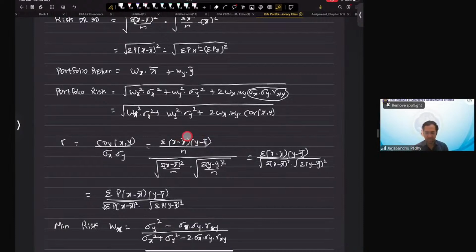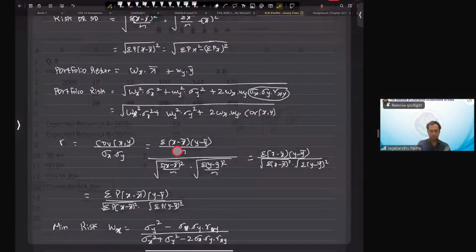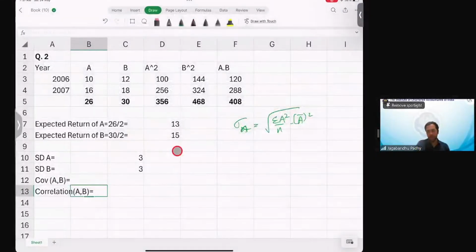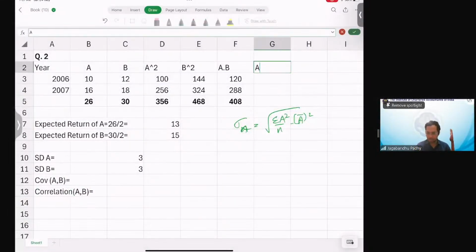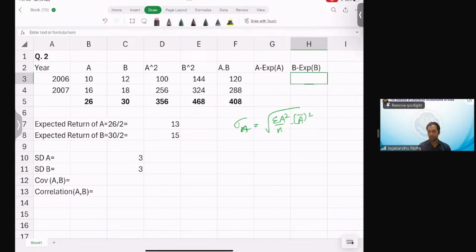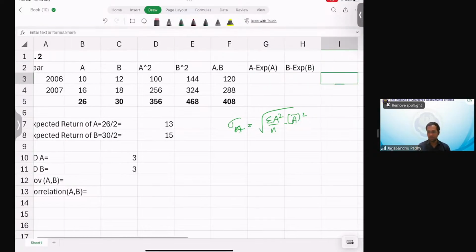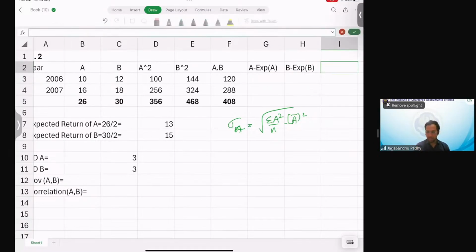Covariance was x minus x bar into y minus y bar upon n, right? So for covariance, I need to have another set of columns called A minus expected value of A and B minus expected value of B. We need to have these values and then multiply both of them.